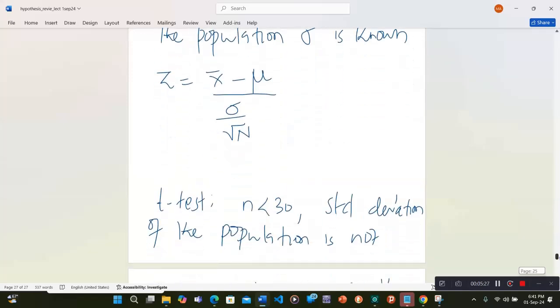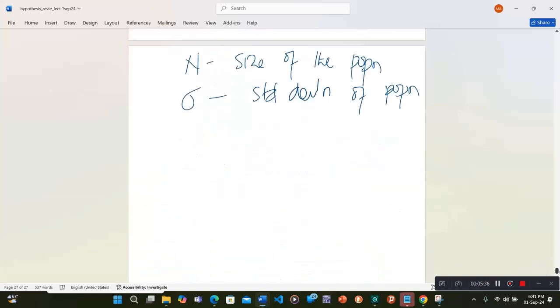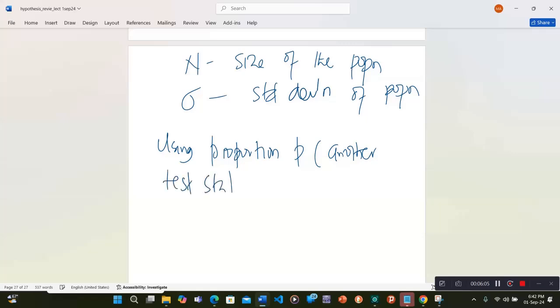Maybe you're saying using proportion p. This is another test statistic, maybe parameter that we can use.